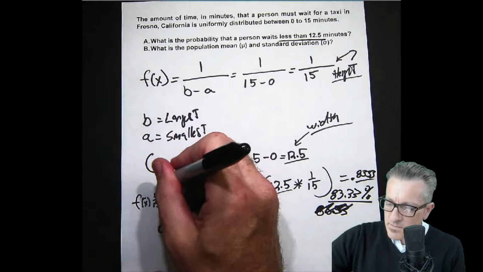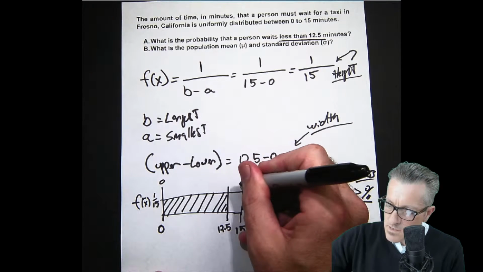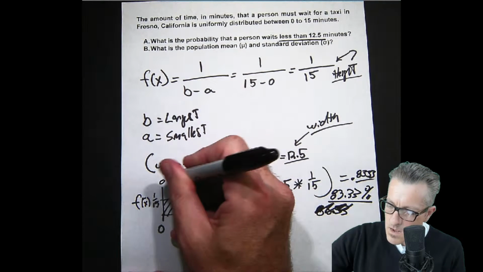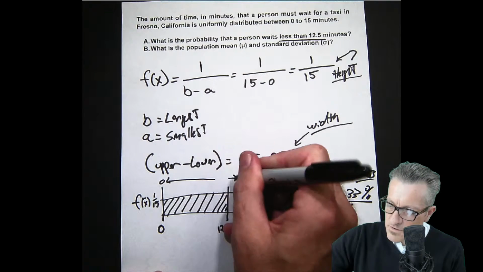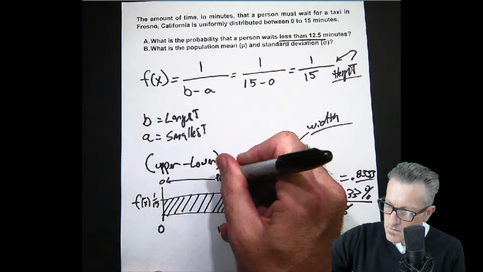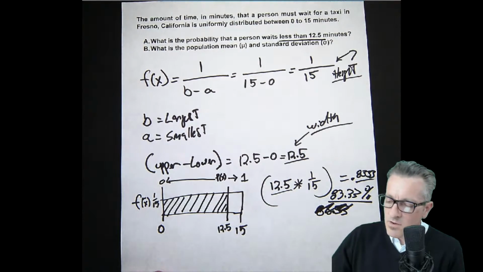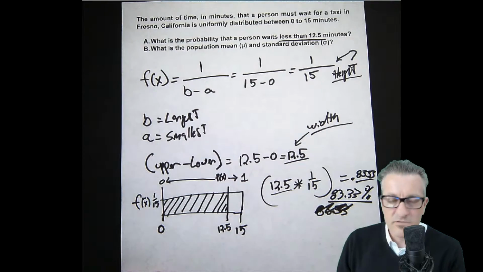Remember, in probability land, this would be 0 and this would be 1, because it's inclusive. All of the probability is within this 0 to 15.